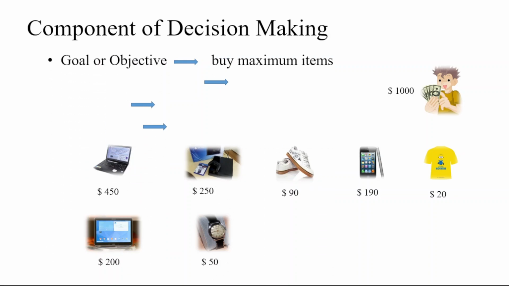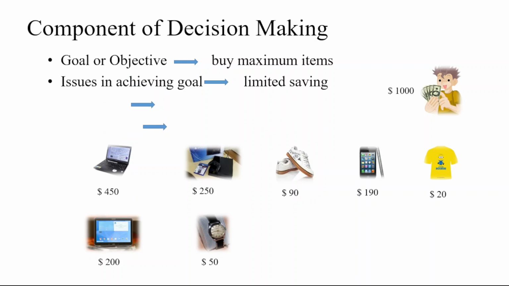First of all, you set the goal. Your goal is to buy maximum items. But you have limited saving. You have just $1,000 in your pocket and you want to buy 7 items. Is it possible? Not exactly, because of limited saving. So you can choose a few of them which are more important for you.